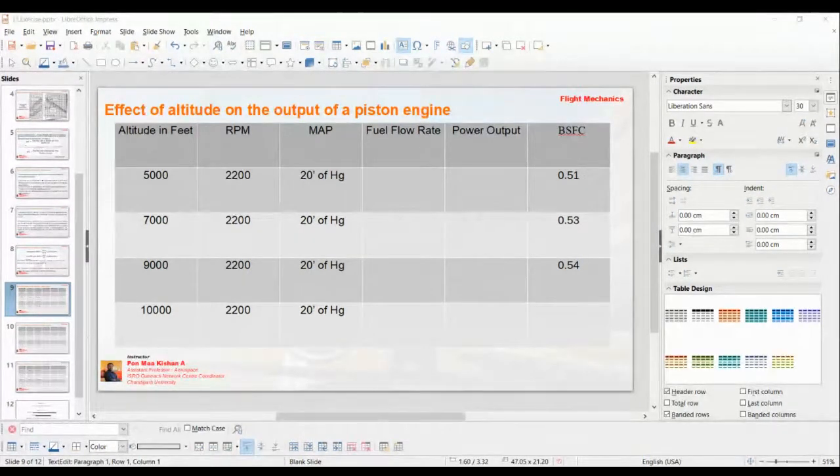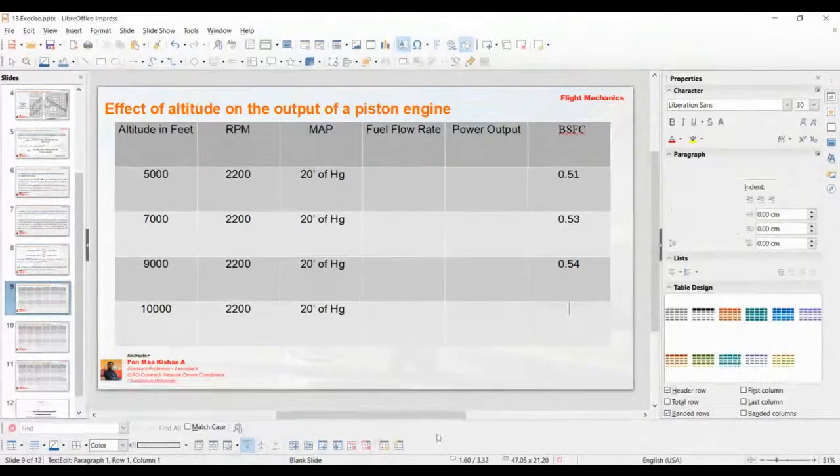Kindly check the answers. 0.55 for 10K. That's great.